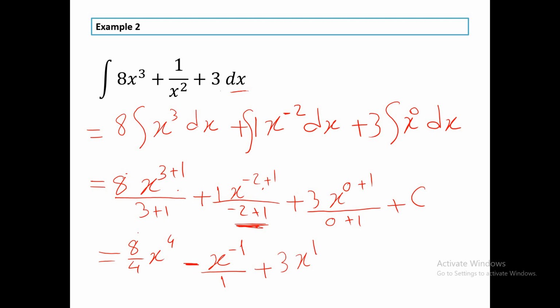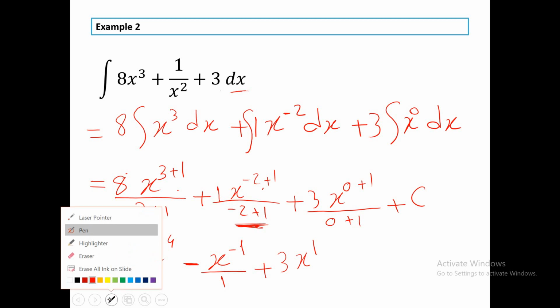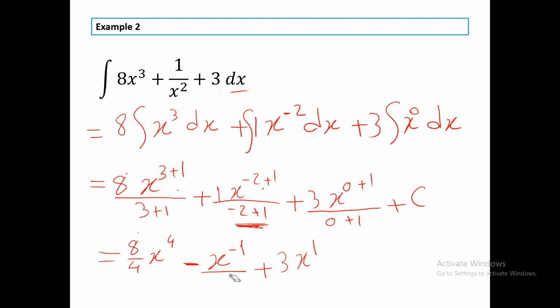I think it's not important to write the over 1, so I will erase that one. Okay, and I will write the C. Plus C. The simplest form, our final answer: 8 over 4 is 2x power 4 minus, what about x power negative 1? Yes, flip, 1 over x, plus 3x plus C.